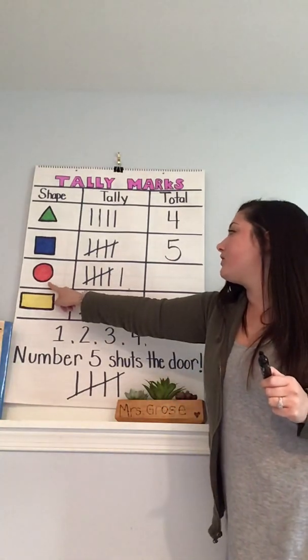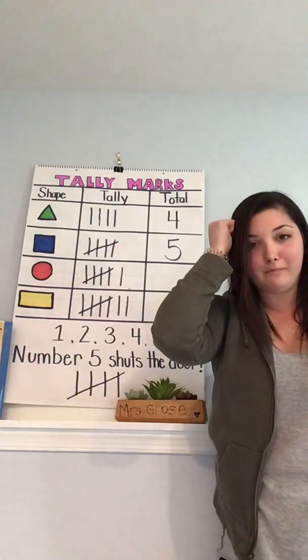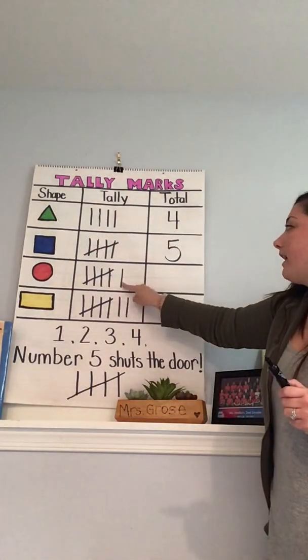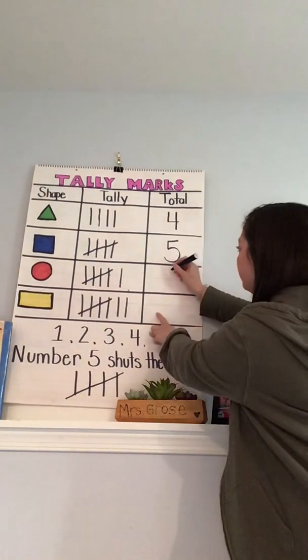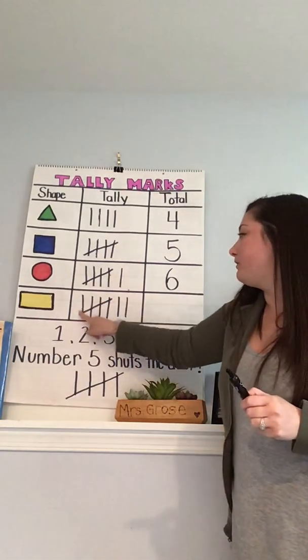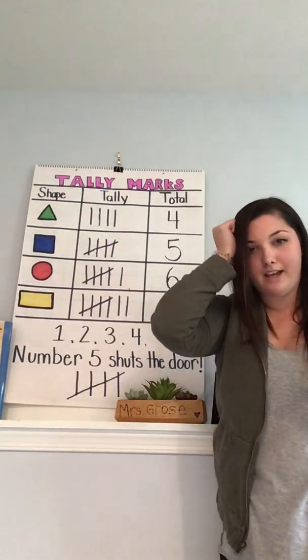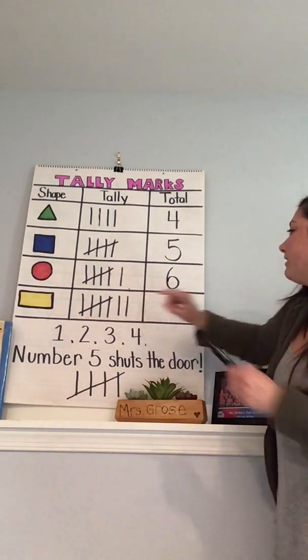My red circles, I see a group of 5, so I can hold that in my head and then count one more. 5, 6. I see a group of 5 here, so I'm going to hold 5 in my head. 5, 6, 7.